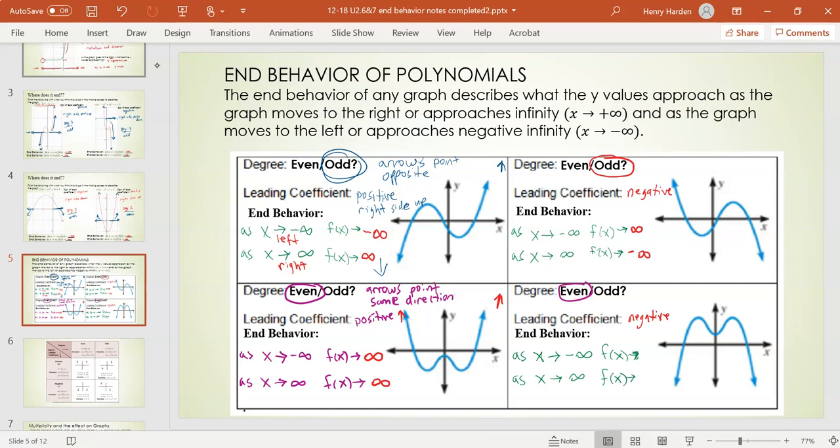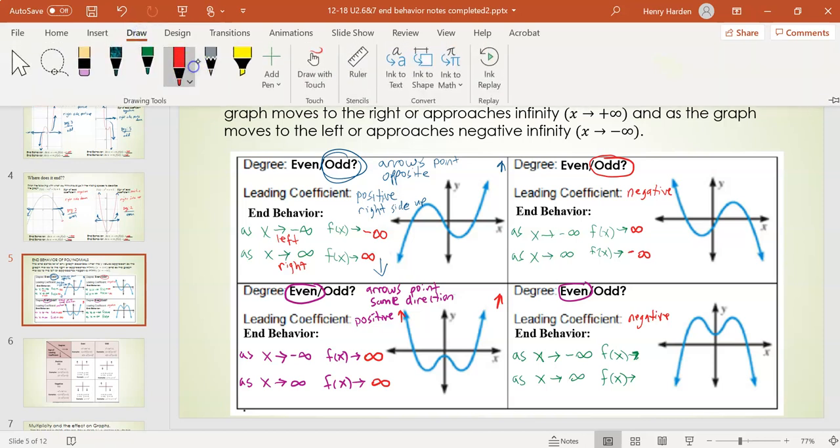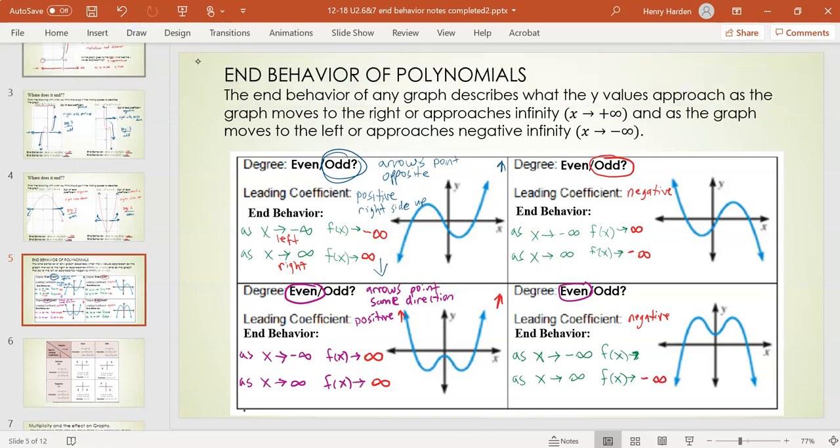And so the right side is pointing down. So this side is also pointing down. When it's an even function, the arrows will always point in the same direction.